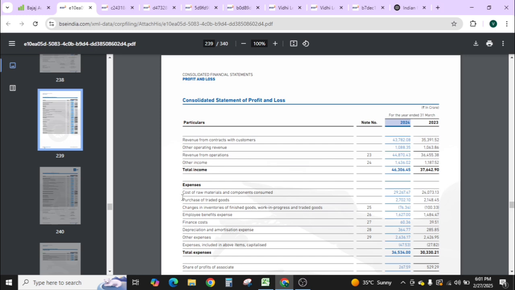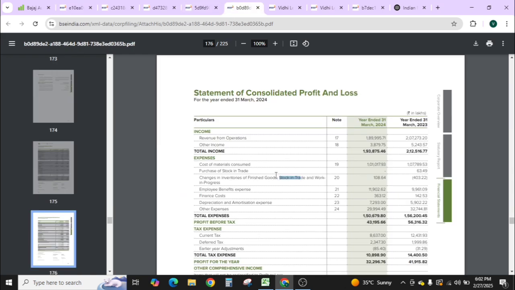Yeah, no, they have purchase of traded goods. So if you are not seeing the second line item, purchase of stock in trade, and this stock in trade, that means this company is not in trading, it is generally doing manufacturing.